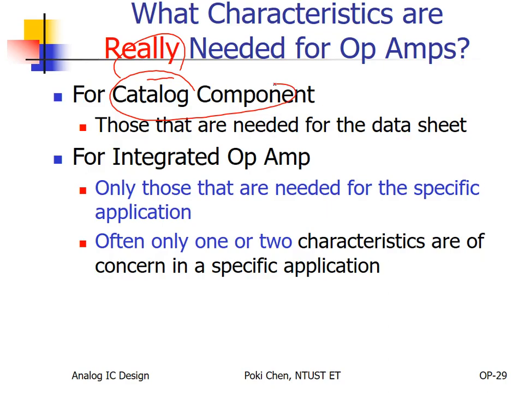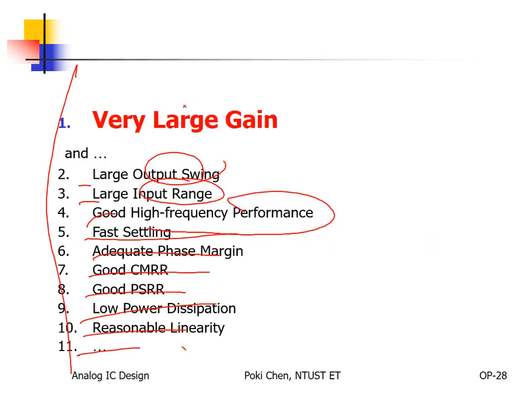For the commercial part, for the catalog. Japanese say catalog. Some of the Chinese also say catalog. For the catalog, you can see, wow, those mentioned or not mentioned, all of them listed.